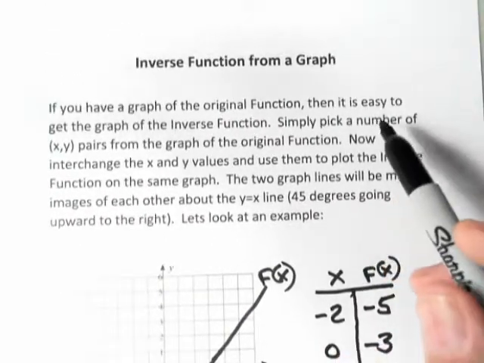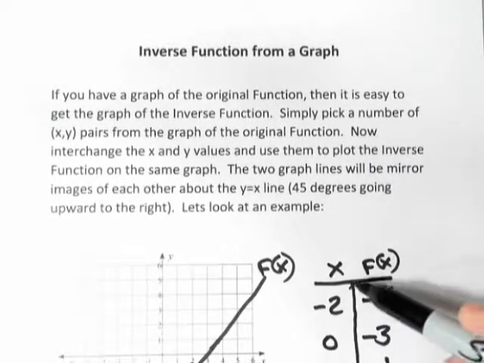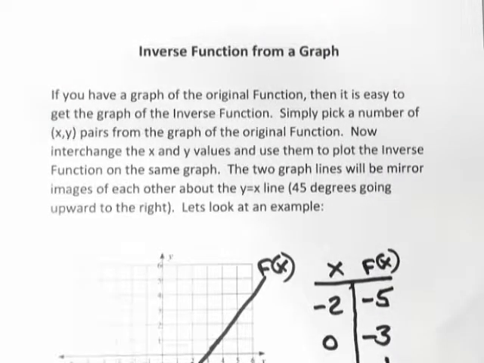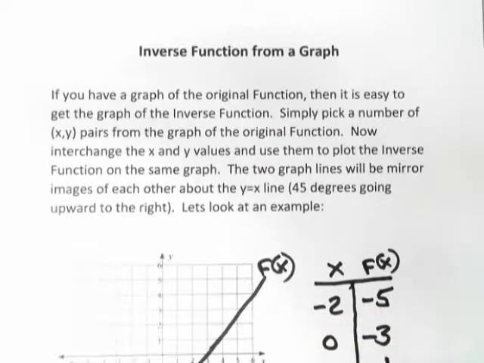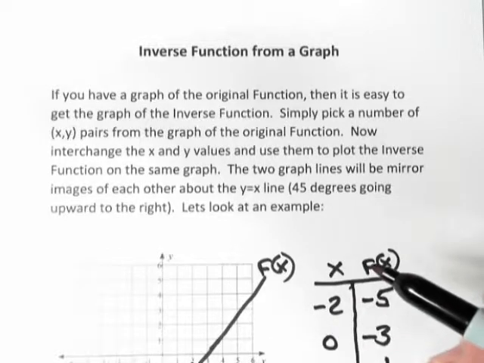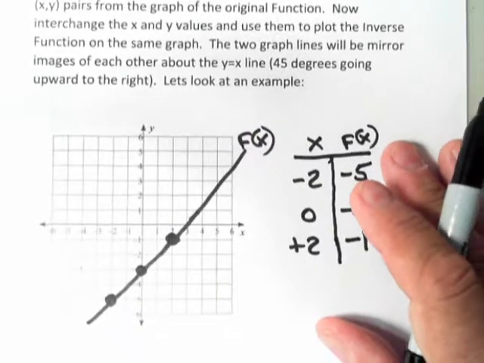And what you do is simply go through and do this. You set yourself up a table of values over here, and this is a linear graph line here, so we only really need 3 points. So I just arbitrarily picked 3 that I could tell the values on.